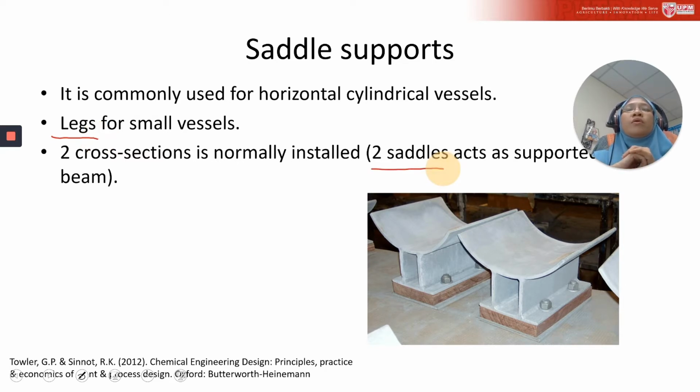Why not more than two? Let's say you use more than two saddles, then you need to calculate the distribution of the loading between the saddles, and it becomes quite complicated, because sometimes the loading is uncertain.